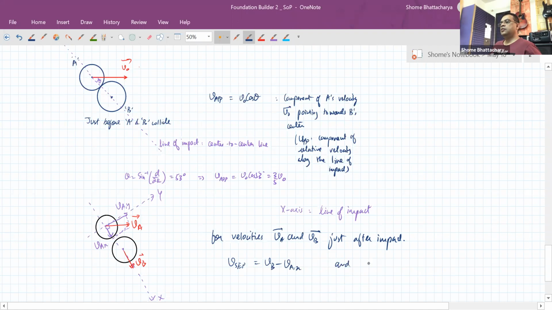And e equal to 0.5 means that separation velocity is equal to 0.5 times approach velocity.